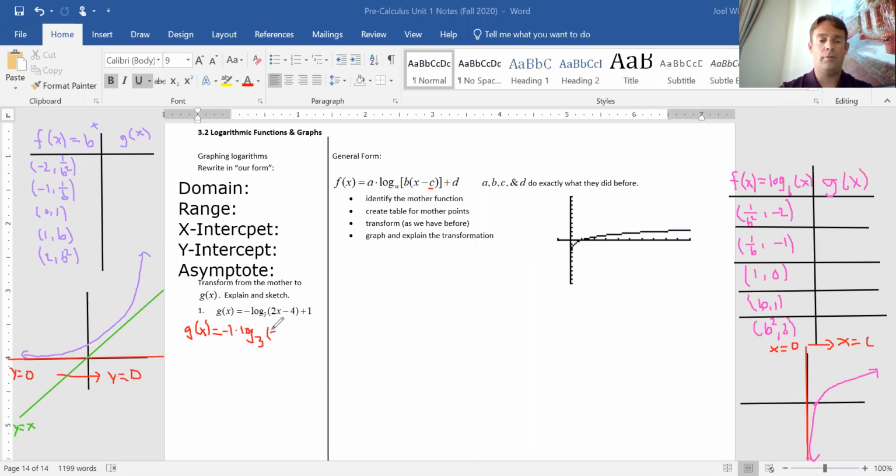So that means I have, that should be in a bracket there. So I'm going to factor the 2 out of the parentheses, and that makes that x minus 2. And then we have plus 1. So that means our a value is going to be -1.